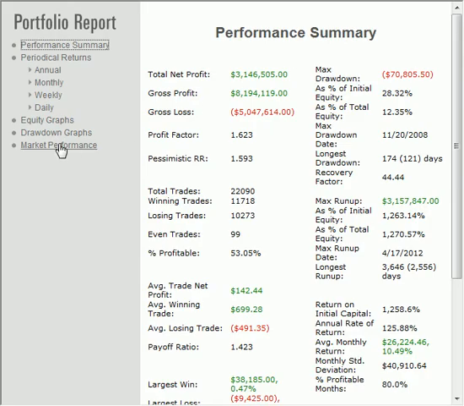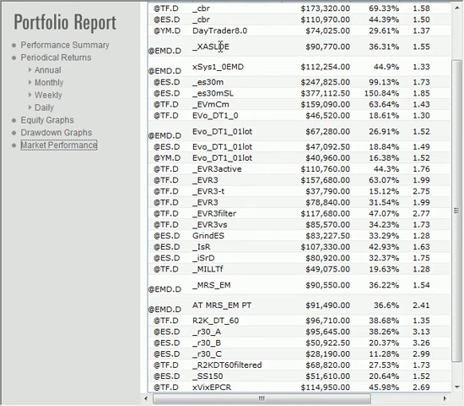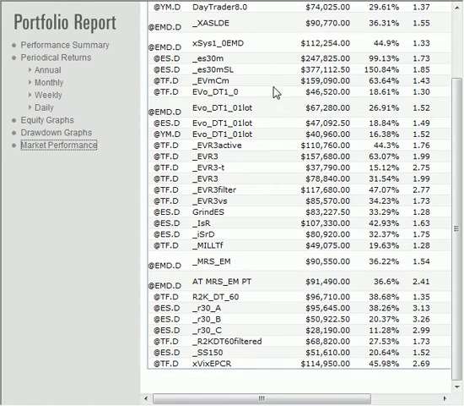So we're right next to where we want to be at the market performance, and you can see all the systems that are traded: CBRs, DT 8.0, XEMDS, the XASLDE, System 1.0 EMD, the SL, the EVMCM, a few of the EVOs, EVR3 actives, Ts, filters, VS, the grind, ISR, ISRD, the MILTF, MRCM, MRCM PTL that we just looked at, R2K DT60, R30A, B, and C, R2K DT60 filtered, SS 15.0 we just looked at, VIX equity put call ratio we just looked at.